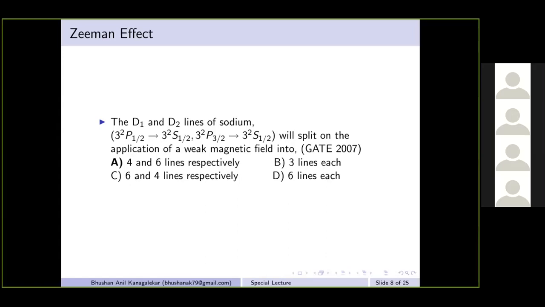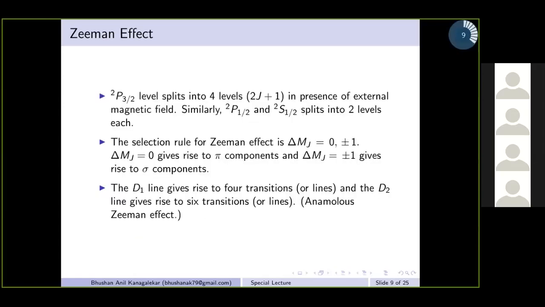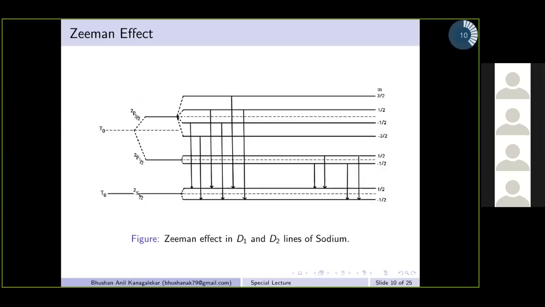That is, the first line, 2P1/2 to 2S1/2, how many lines it will split into, and the second, how many it will split into. While drawing the spectrum, you have to draw like this. Due to the spin orbit coupling, this 2P will split into 2P1/2 and 2P3/2. 2P1/2 will be lower in energy.